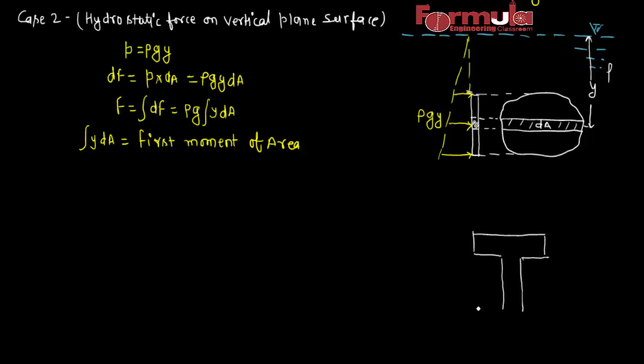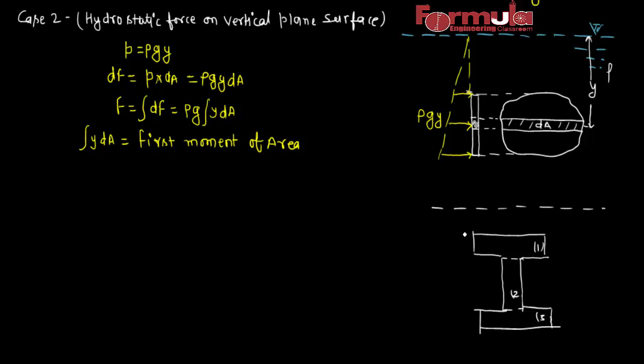So this is our I section here, and for this I section we want to calculate the center of gravity from this axis. Obviously, in that case, first we divide this I section in three parts. This is my part 1, this is part 2, and this is part 3.